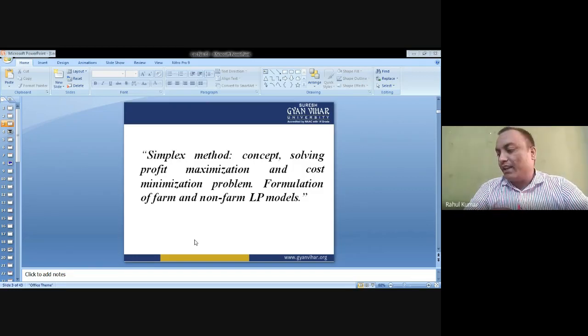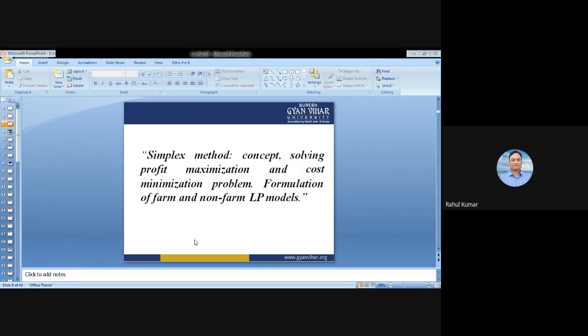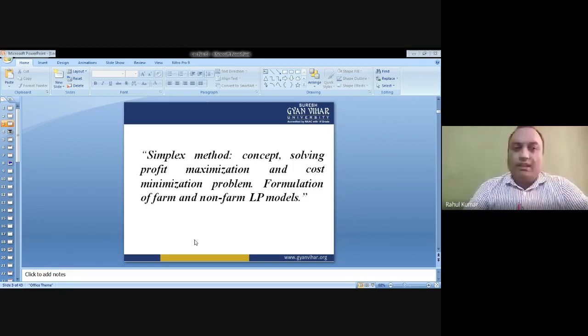But in this case, the problems are very typical, and involve the formulation of a linear programming model. This is the definition of the simplex method.